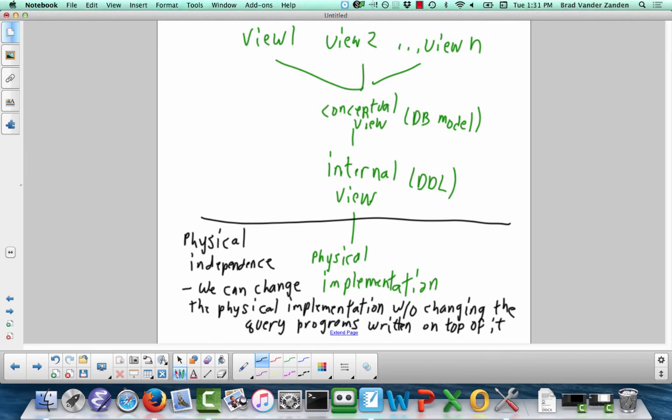I'll specifically say the query programs. Okay, and then the second thing we have is this idea of logical independence, which is that if you change something in the database model and it's not of any concern to a view, then that user is unaware of it. Let's say that I add an additional field to the staff. Perhaps, for some reason, we need to know the number of dependents.